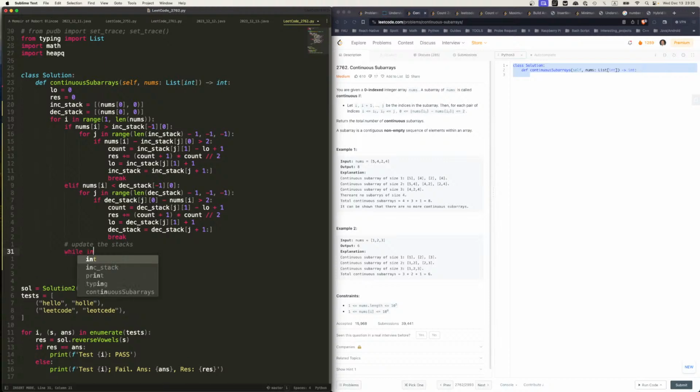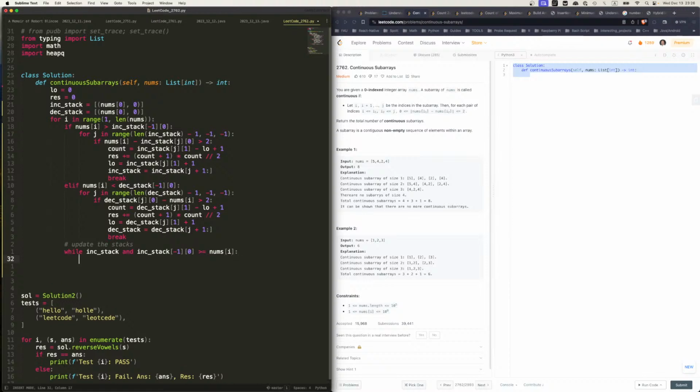So while increasing stack and increasing stack[-1][0], this is increasing, so if this is larger or equal to nums[i], so nums[i] is small, then this dot pop.